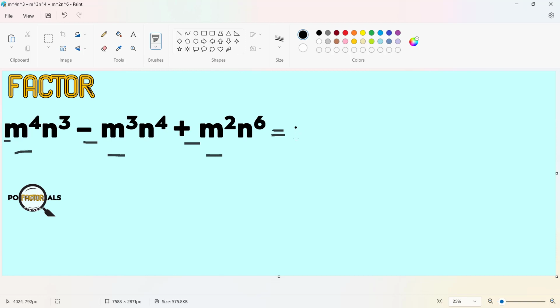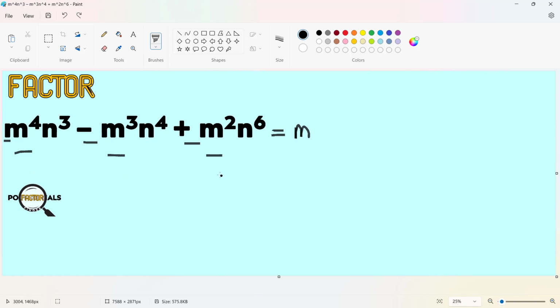If you're going to factor out m, the remaining m in the first term is m cubed. For the second term, m squared. And for the third term, it's m to the power of 1, or simply m. We can still further factor out another m here, and you're going to do the same process, so on and so forth, if it's still possible.